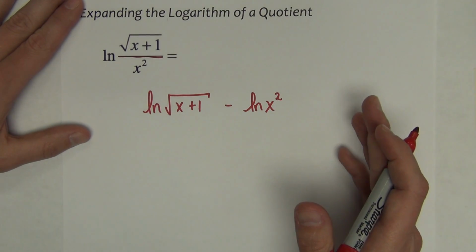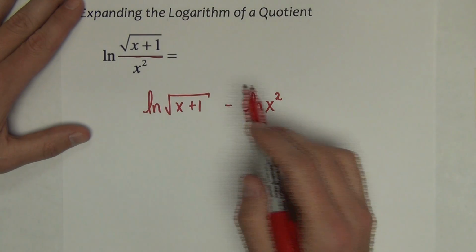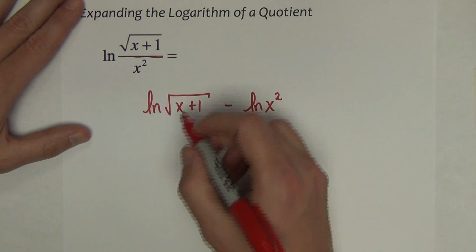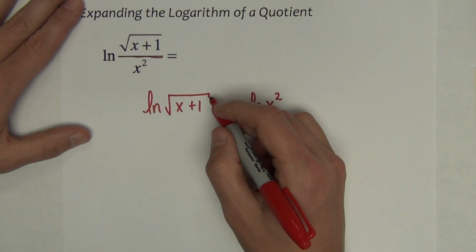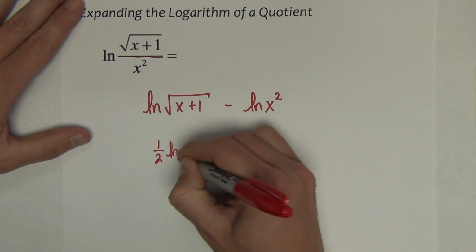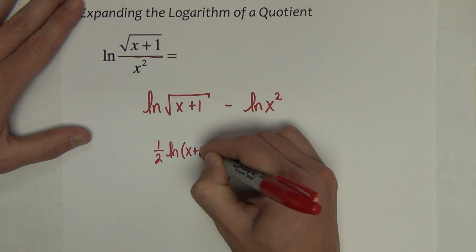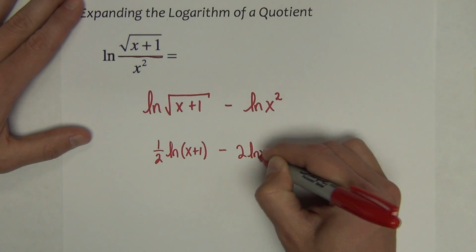And just like I did in the last problem, any exponents that I see are going to move to the front of their respective logarithms. Now remember, a square root is a power. A square root is a 1/2 power. So this one becomes one half natural log x plus 1 minus 2 natural log x.